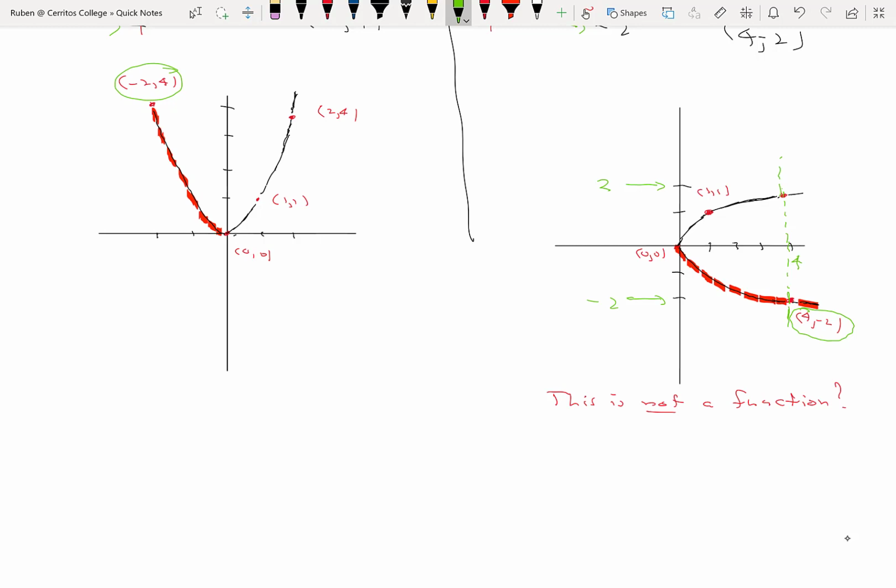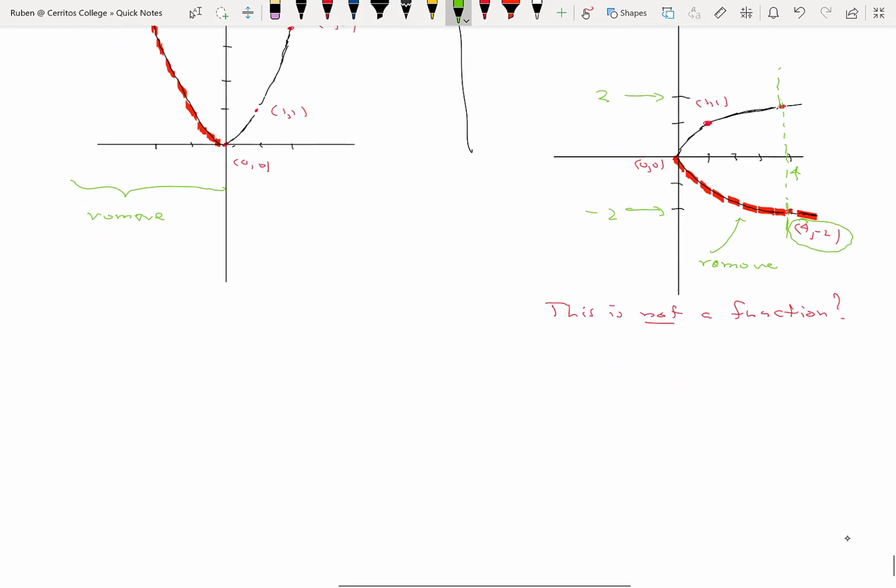So if I remove from the original function these points, the negative branch of the parabola, then I will remove from the inverse, or purported inverse, the lower branch.